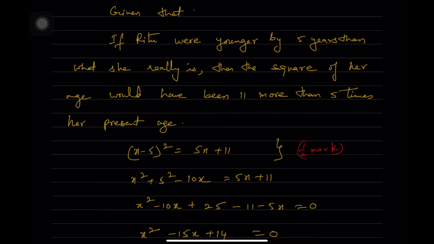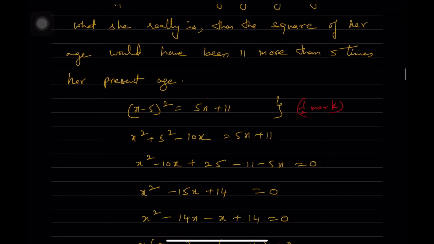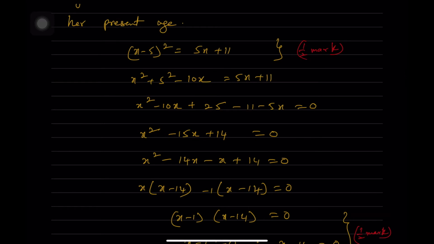So expand this using (a minus b) whole square formula. You are getting x square plus 5 square minus 10x is equal to 5x plus 11, or x square minus 10x plus 25 minus 11 minus 5x, bringing everything to one side. So you are getting x square minus 15x plus 14 is equal to 0. So factorizing: 14 into 1 is 14, 14 plus 1 is 15.